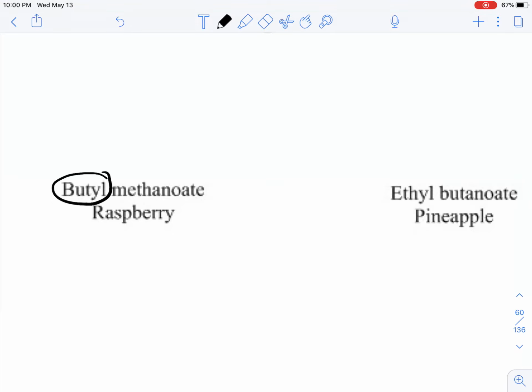And so since butyl is seen first, I know that this is going to come from the alcohol. So I need to connect this to my ester oxygen. So I have a 4-carbon compound, or 4-carbon substituent. So 1, 2, 3, 4.